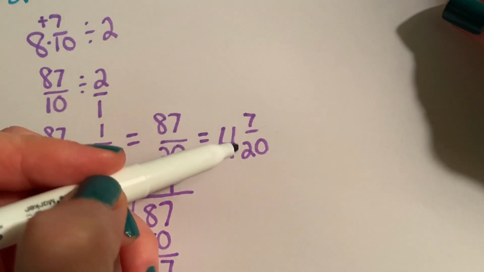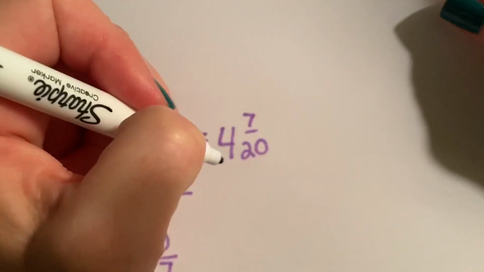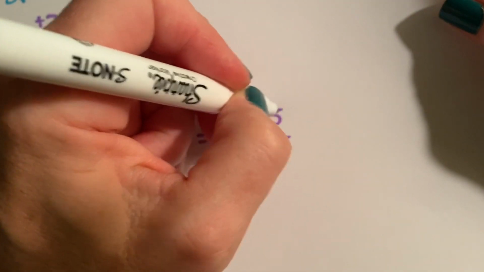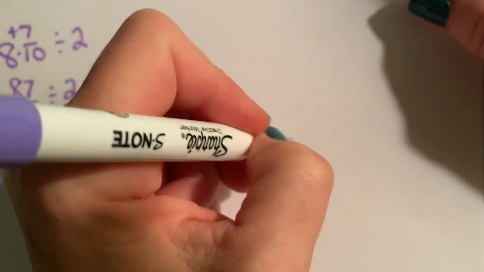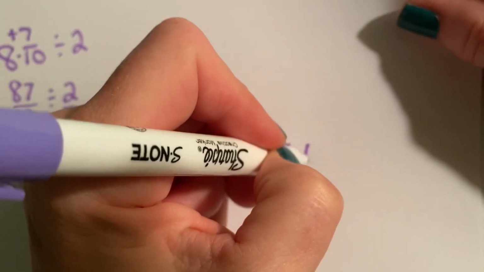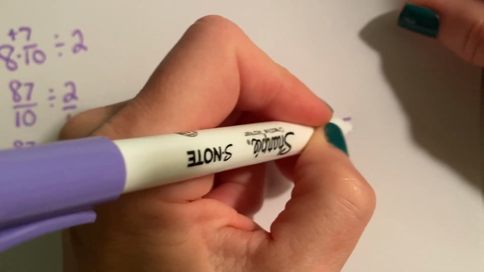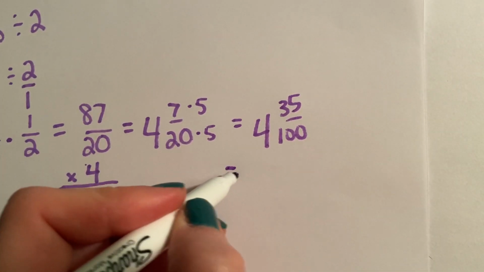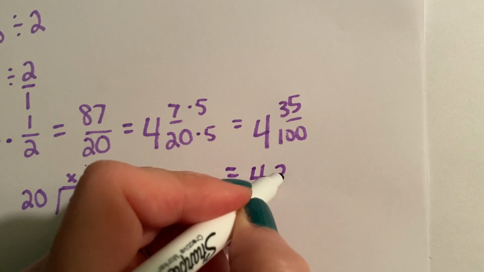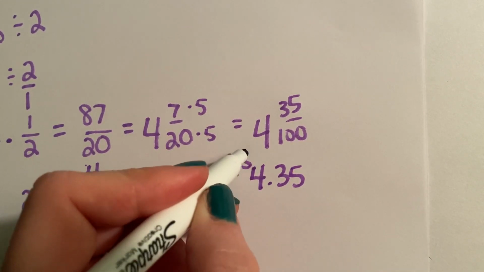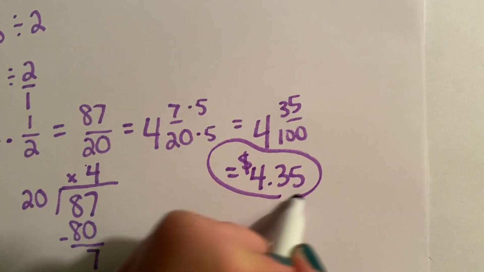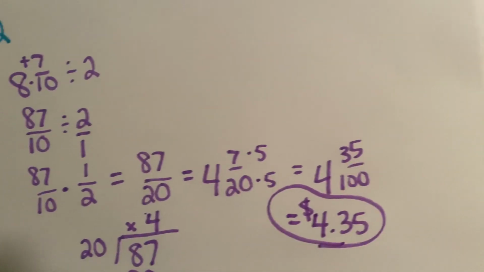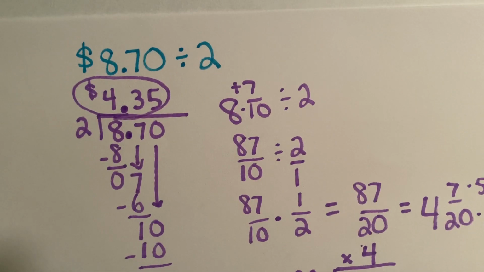So 20 luckily does grow up to 100 by multiplying by 5. So we'll do that on the top and bottom. And so this would be 4 35/100. And there you have it. 4 35/100 is $4.35.